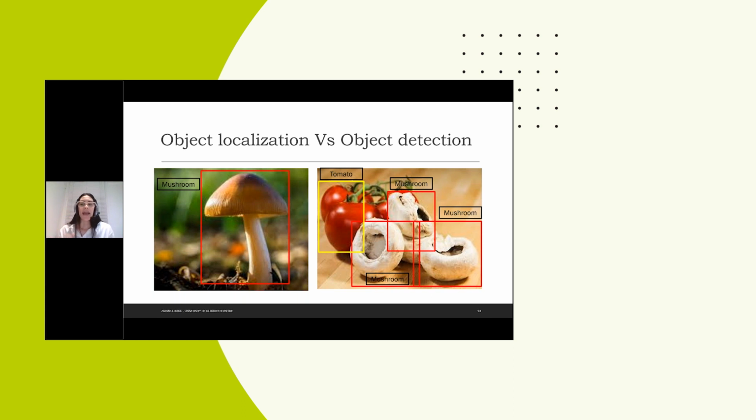The area that I'm interested in object detection is actually designing, implementing, and creating a robot that is able to pick and pack mushrooms efficiently. Why mushroom specifically?